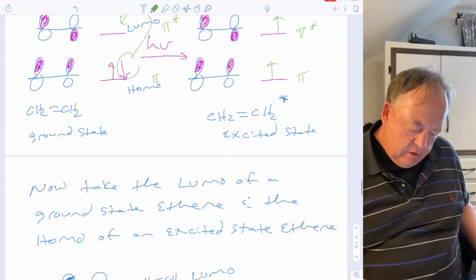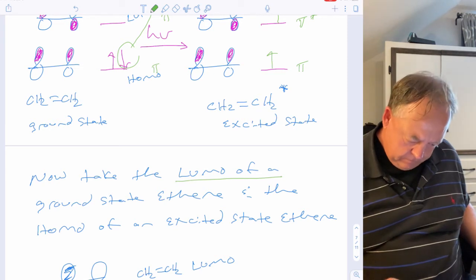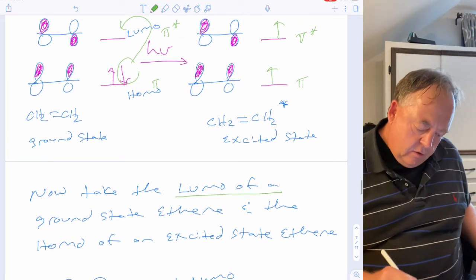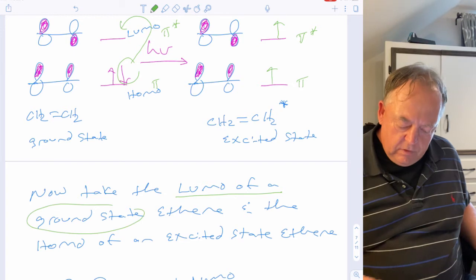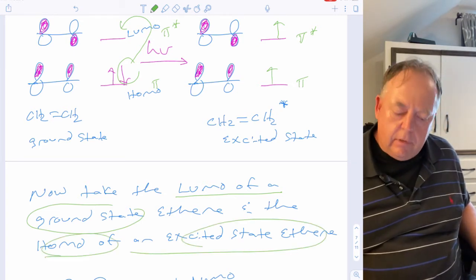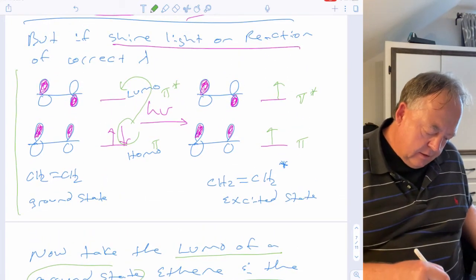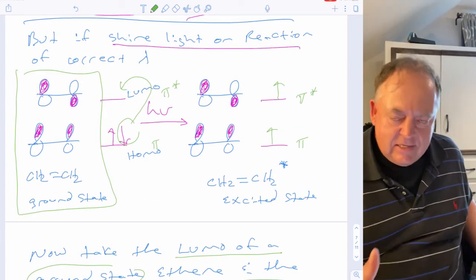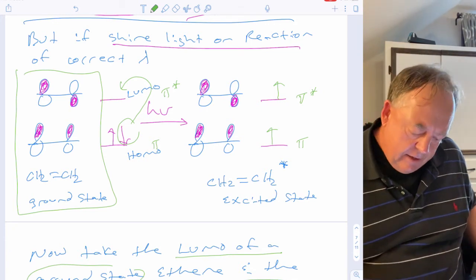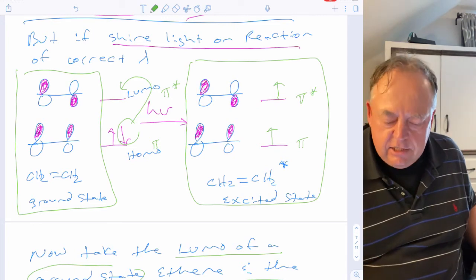So now what we need to do is take the lowest unoccupied of the ground state, and we need to take the highest occupied of an excited state molecule. So we need to take one alkene that looks like this, that has not had light shined on it, and we need to take one alkene that looks like this, that has had light shined on it.